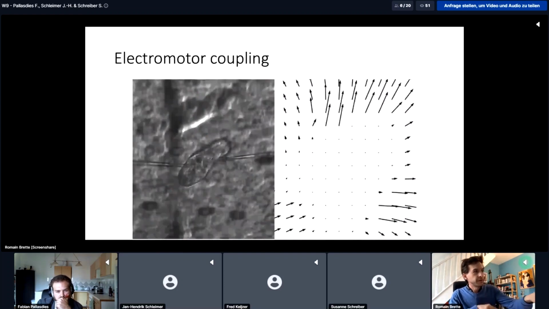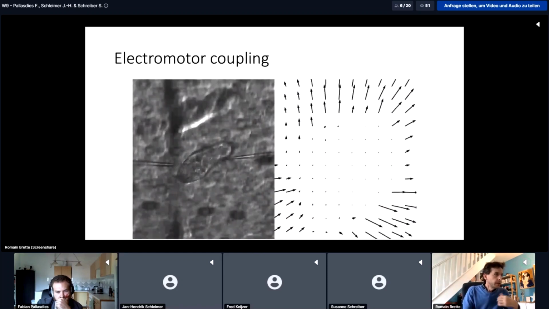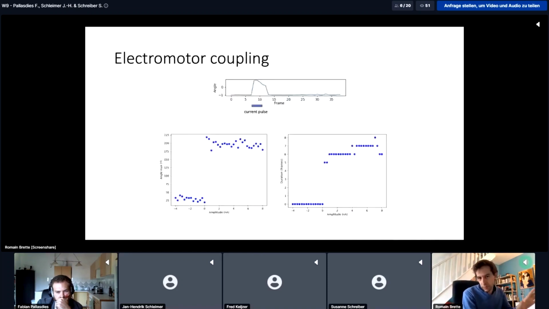You can see the vector field switching back and forth, and that's what happens during the action potential. Then this is just some preliminary analysis, which shows that the angle of this vector field changes in an all-or-none way with the stimulus amplitude, but the duration of the backward swimming basically is graded.